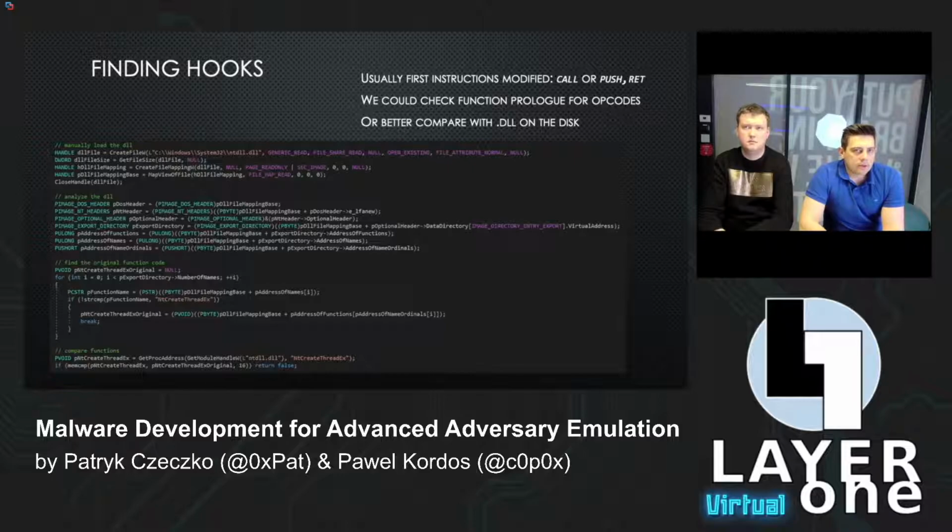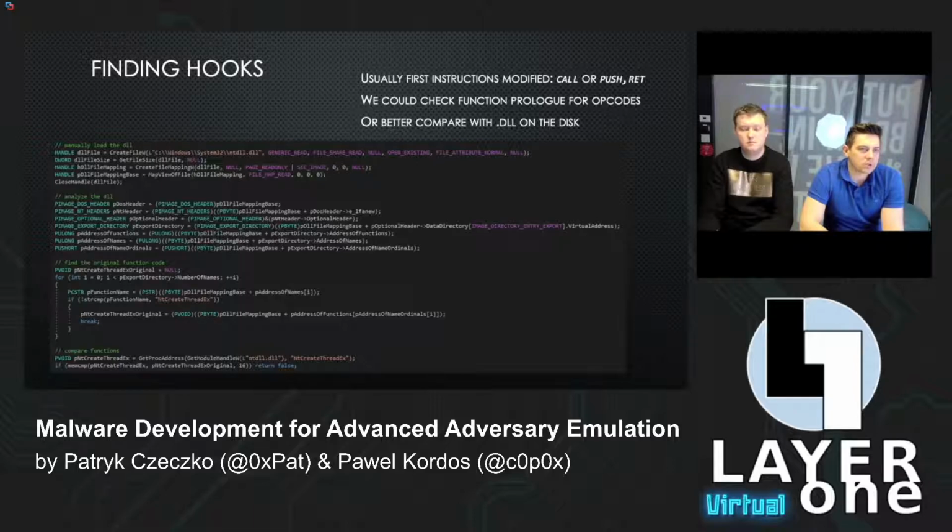And we could see if that's the case for the function code, or even better, we could try to load the DLL from disk and then compare the stuff from disk with the actual function code in memory to see if it's different. If it's different, the function is probably hooked.